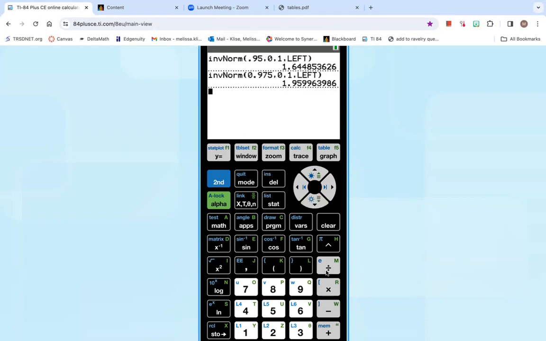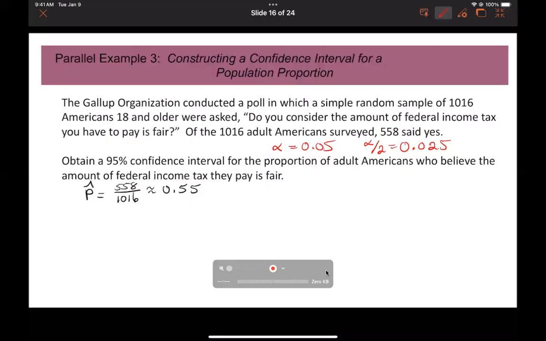So I got the same thing they did. They had 1.96. I just want to make sure we get the same thing and practice with that inverse norm. All right. So my z, alpha divided by 2, is 1.96.